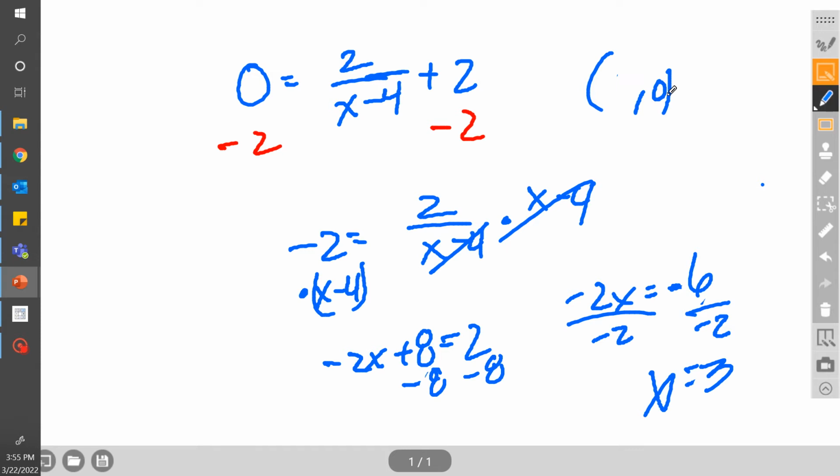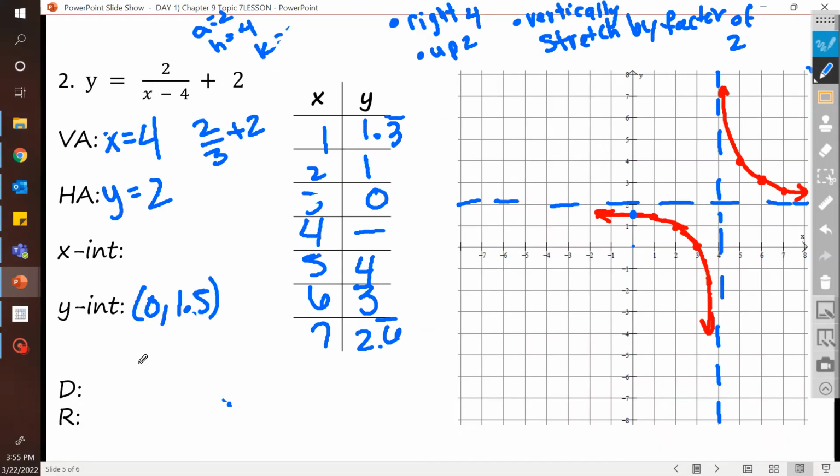So my x-intercept should be at 3, 0. And we actually already knew that because we saw it in the table. We already had that point in the table, so we didn't actually have to do all of that work to find it. Sometimes that'll happen.